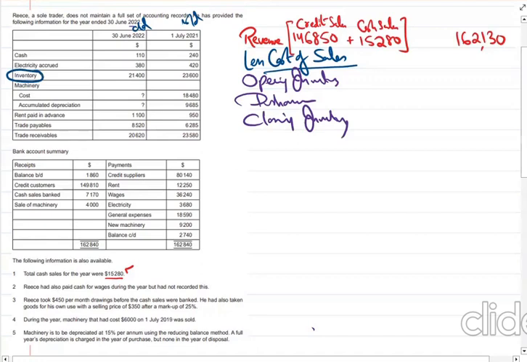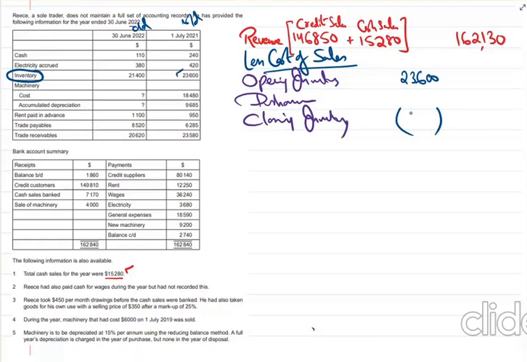How much opening inventory? 23,600. Okay, purchases we will calculate. Closing inventory, any note? So what is the closing inventory, or is there some note about that? Yes, there is, so we need to do workings for both of them.